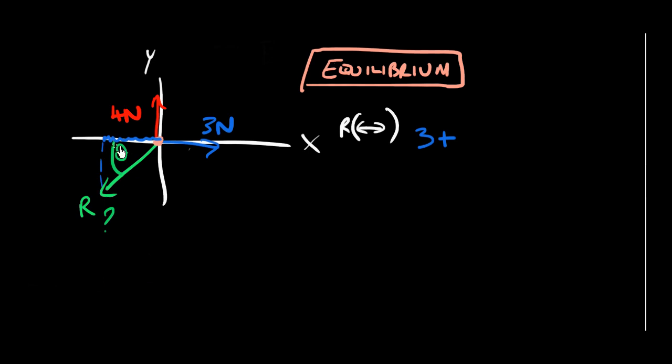So R cos of theta. It's going to be this guy here. So that plus that, they need to equal 0 because this thing is not moving.